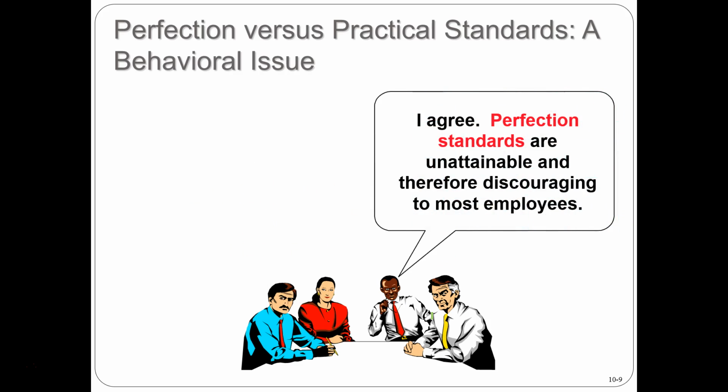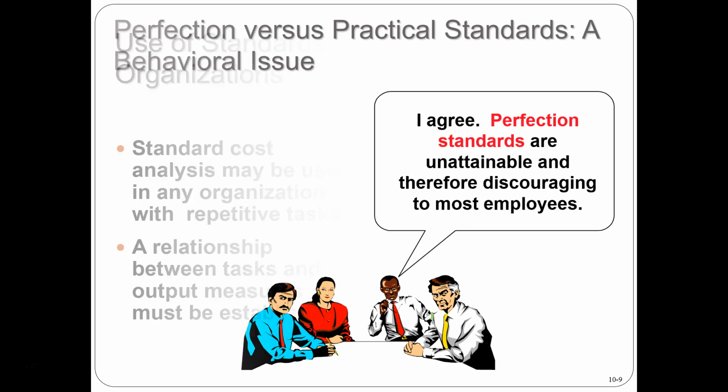So a lot of individuals would say, let's make a standard that's achievable. I agree that perfect standards are unattainable and therefore discouraging to employees. So we don't want something that's going to be unachievable. We generally want to set the benchmark where it's difficult but achievable, so that we can hit those benchmarks.